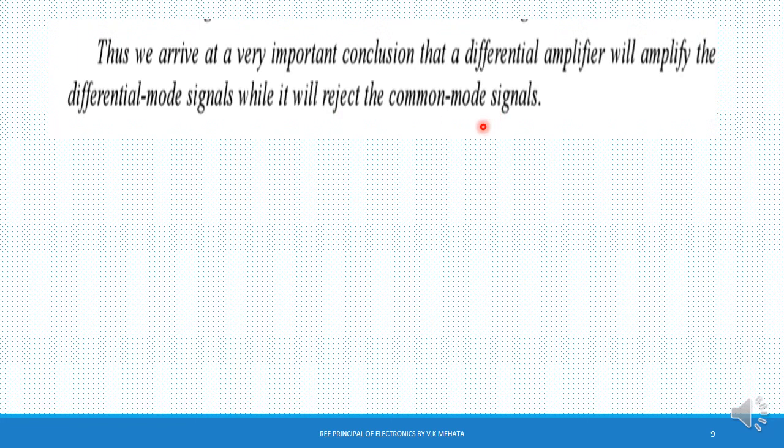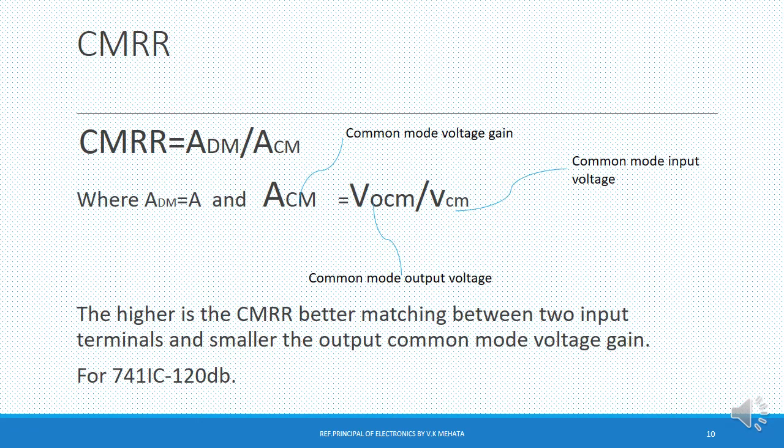After reading about common mode and differential mode signals, what did you understand? Common mode signals are rejected by the differential amplifier, whereas differential mode signals are amplified by the differential amplifier.